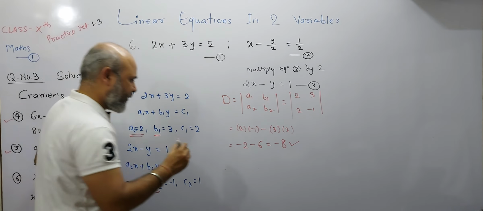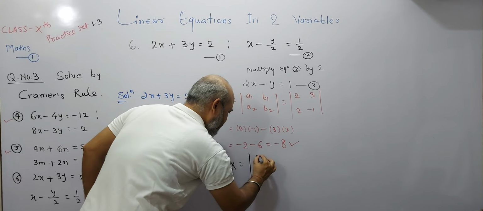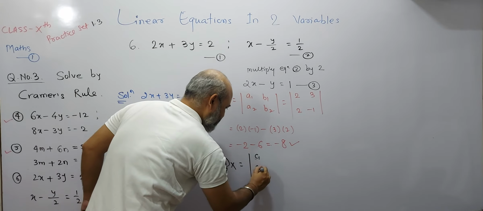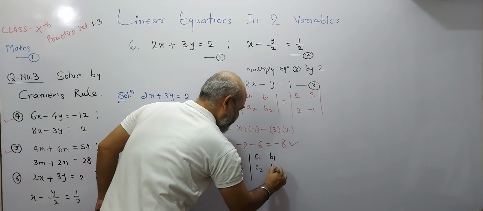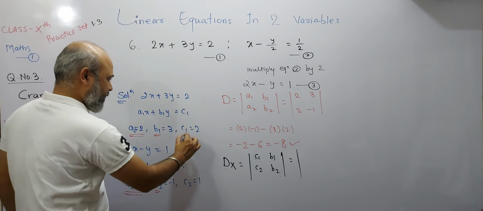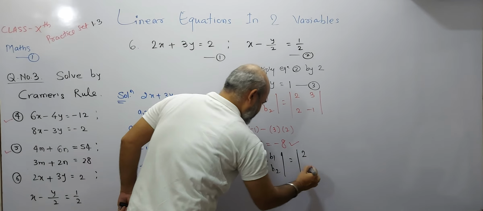Now we will find the value of Dx. So Dx is equal to what? A1, A2 is replaced by C1, C2. So write C1, C2 and B1, B2 will be as it is. So what is C1, C2? So C1 is 2 and C2 is 1. So this is 2 and this is 1.